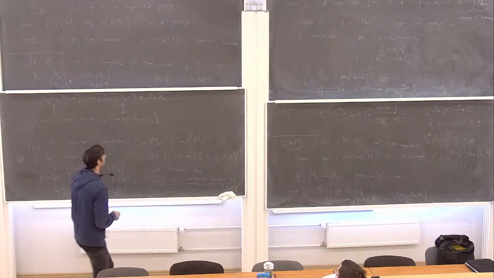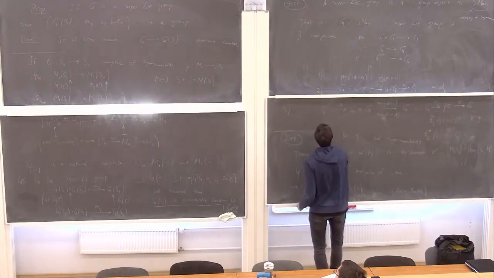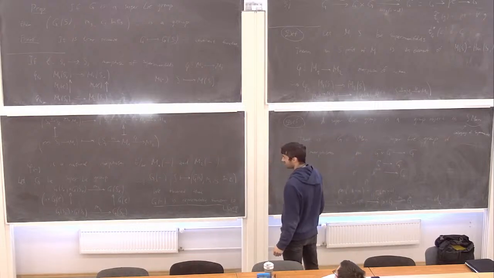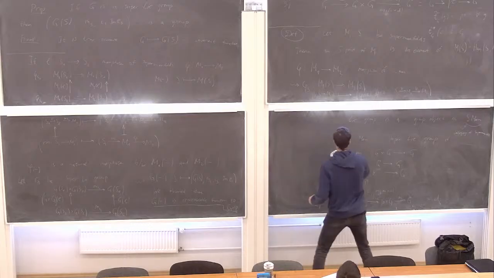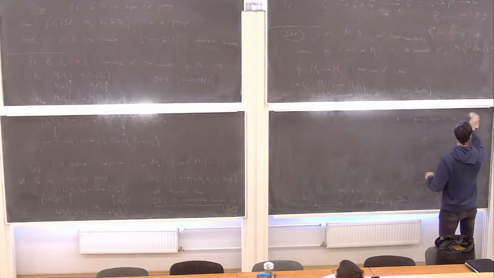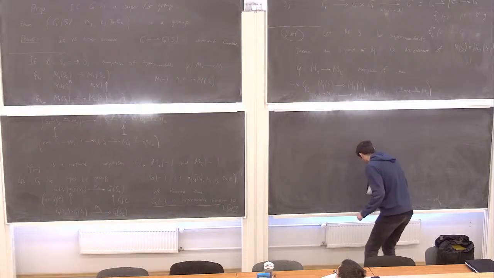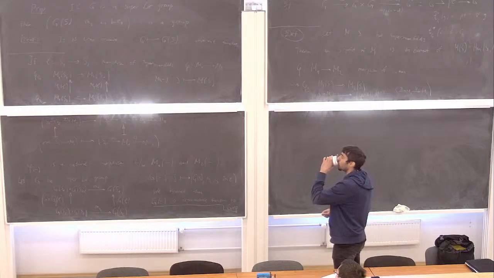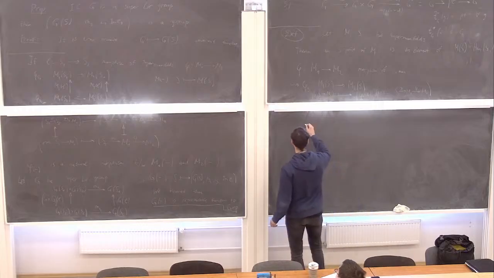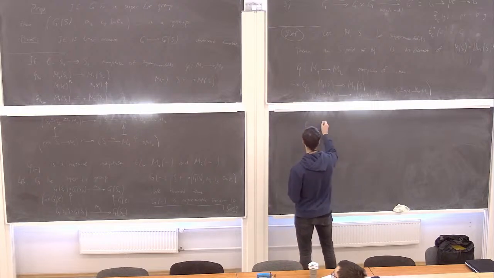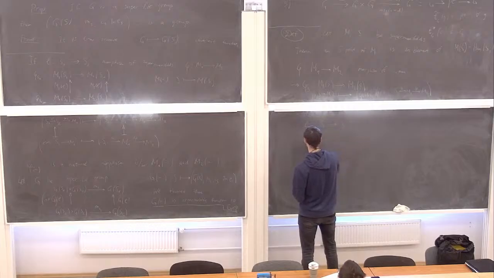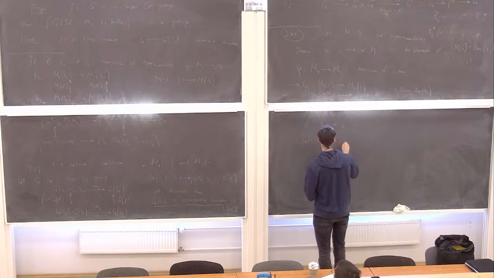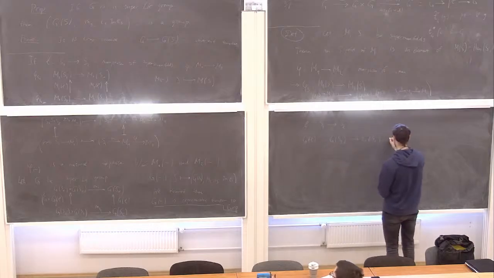So let me see. So if I have a morphism L from S1 to S2, then I'm saying that G of L, right, which is a morphism from G of S1 to G of S2, so I need to check that this is homomorphism.